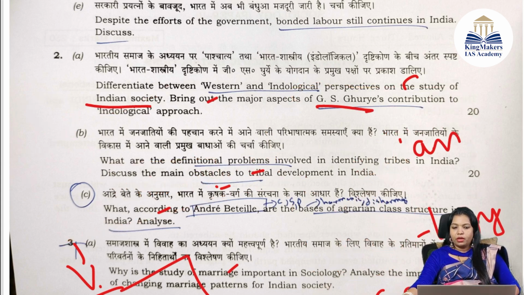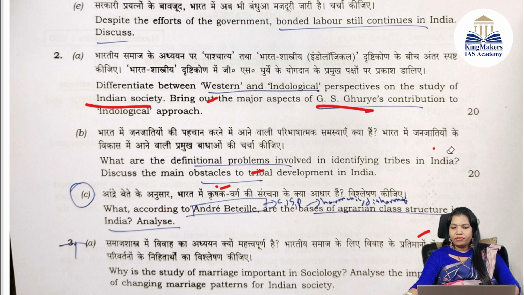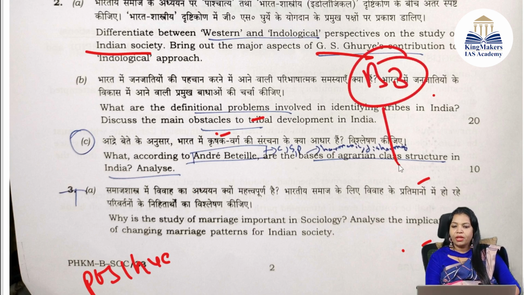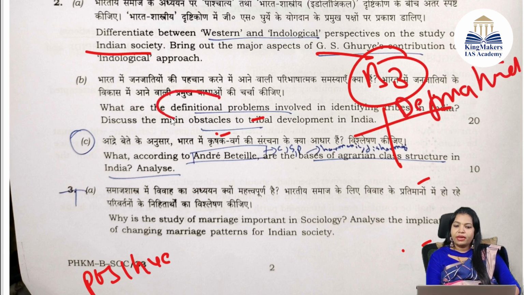Next, go with 2B. Discuss the main obstacle. What is the definitional problem involved in identifying tribes in India? Discuss the main obstacle to tribal development in India. From the syllabus, the first part, B3 topic, tribal communities in India, the first topic is the definitional problem. You have to say how the definitional problem arises: there is no proper way to identify who is the real tribe. Here you have to add G.S. Ghurye's name, and even Verrier Elwin's.